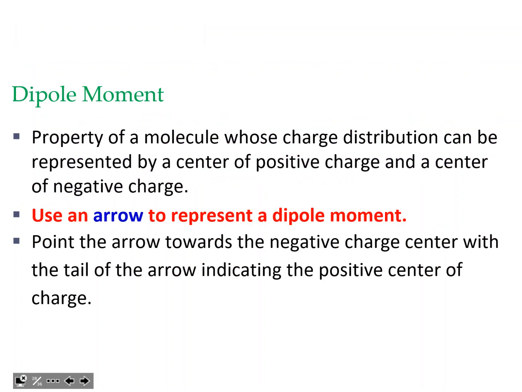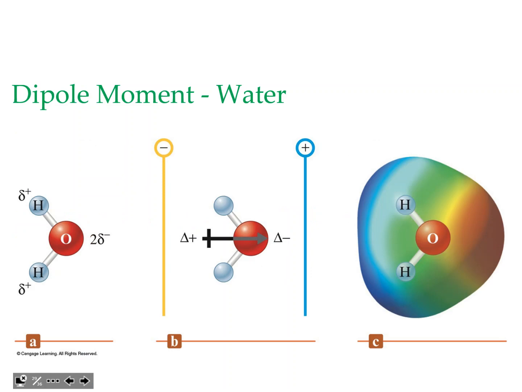Dipole moment: property of a molecule whose charge distribution is represented by a center positive charge and a center negative charge. You use an arrow to represent a dipole moment. Point the arrow towards the negative charge center with the tail of the arrow indicating the positive charge center. Okay? So, this is showing you water. Alright? And the electron density picture, I guess, is not in the notes, but as you can see here, the oxygen side over here is going to be the more electronegative side.